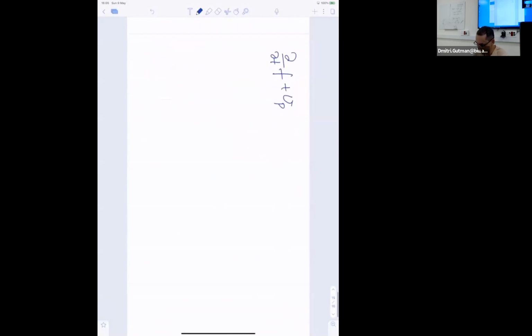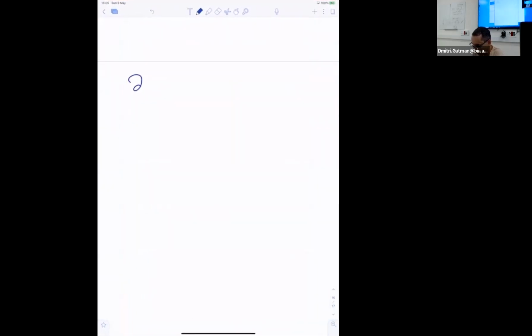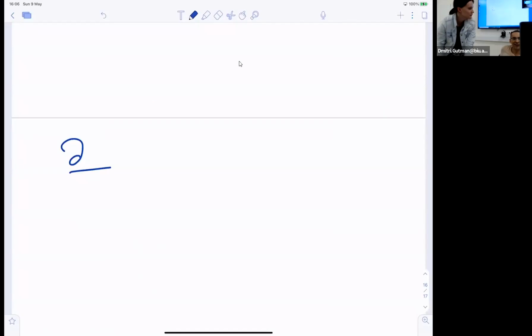So this was okay. Is it possible to enlarge your window a bit? Better? Maybe on the computer, you can just turn it around and make full screen. Yeah, this looks better.